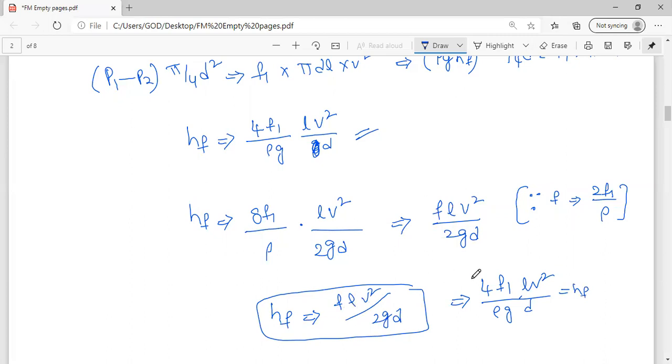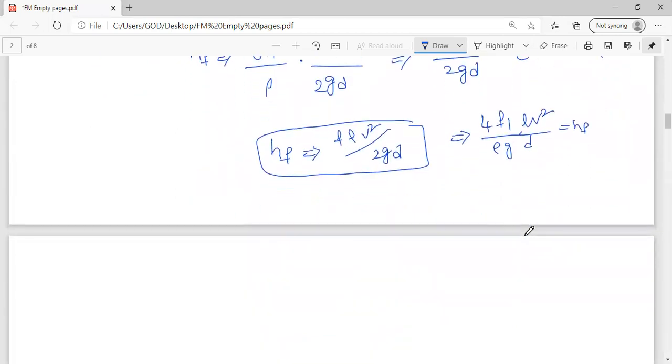F is the frictional factor. So with this, if you extend further, that frictional factor can be written as 64 by RE, where RE is the Reynolds number, for laminar flow, and the frictional factor can be written as 0.316 by RE power 1 by 4 in case of turbulent flow.